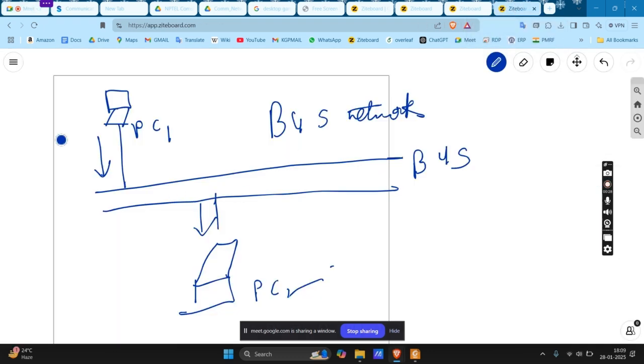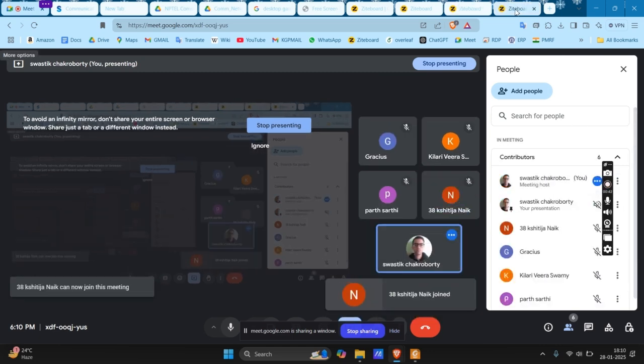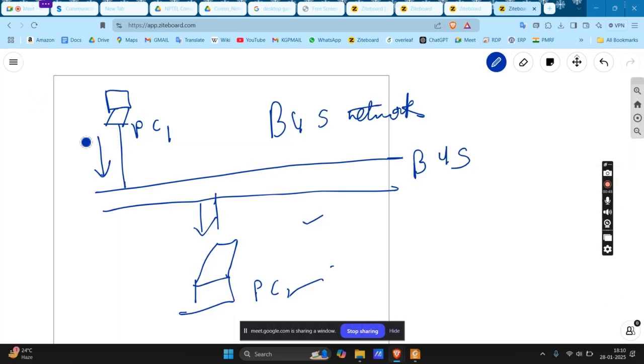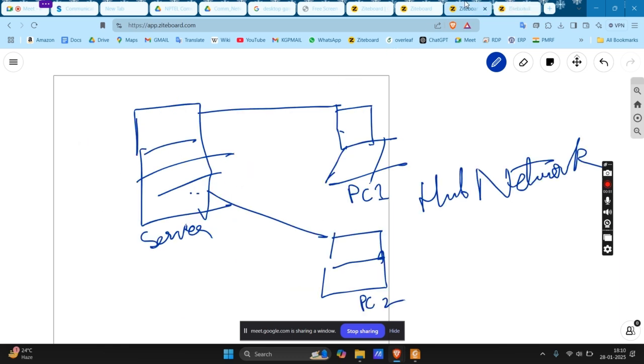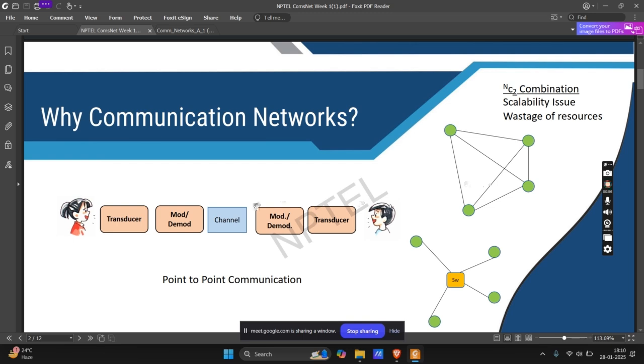Okay, as I was saying, this is the bus network, and then we have a hub network, and we have a star network. These are the various network topologies.